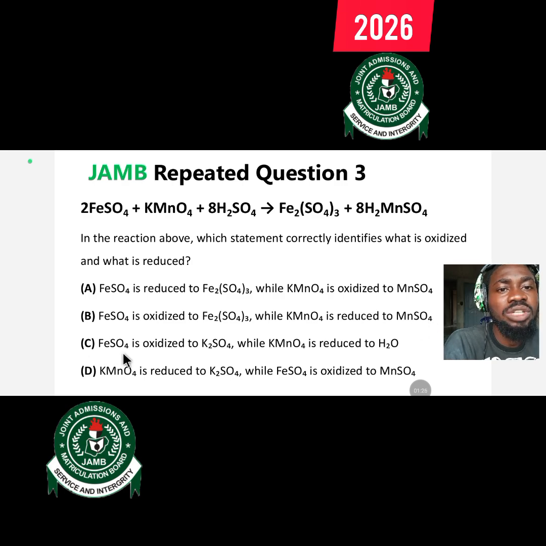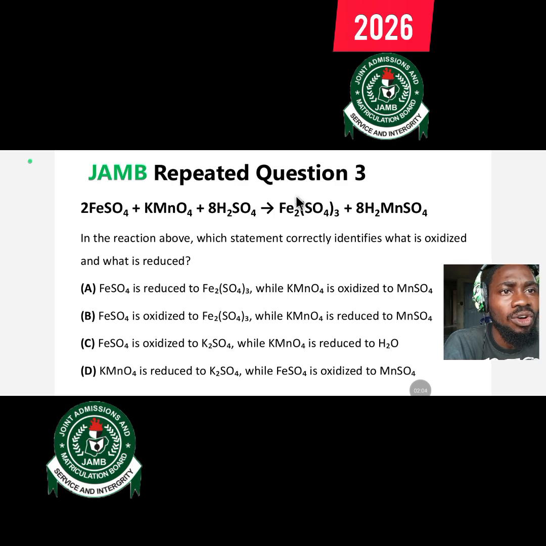C. Iron 2 tetraoxosulfate 6 is oxidized to potassium tetraoxosulfate 6, while magnesium tetraoxomanganate 7 is reduced to water. D. Potassium tetraoxomanganate 7 is reduced to potassium tetraoxosulfate 6, while iron 2 tetraoxosulfate 6 is oxidized to manganese tetraoxosulfate 6.